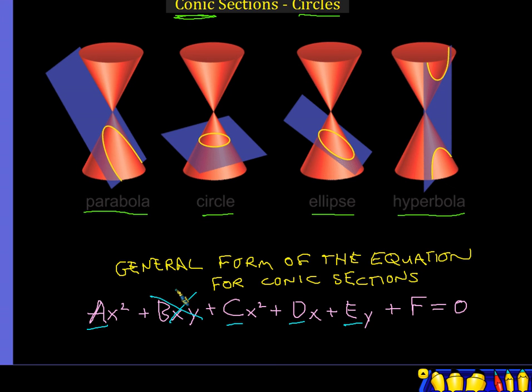And here's a couple things that are kind of interesting. We've already worked with parabolas, and so with parabolas, A is not going to be 0, because we're going to have an x squared in our equation for a parabola, and then we also have a y, and we might also have an x, and we might have an f.